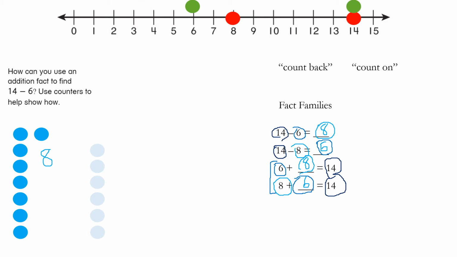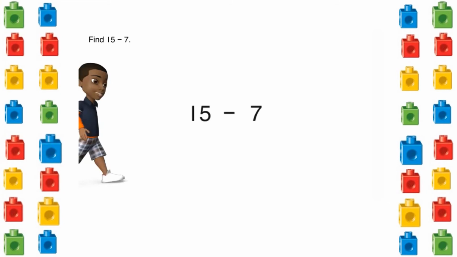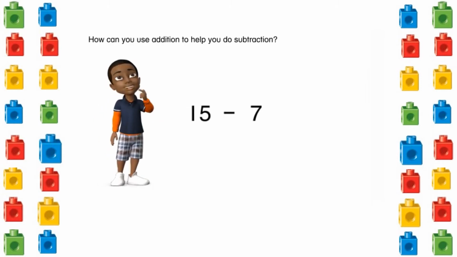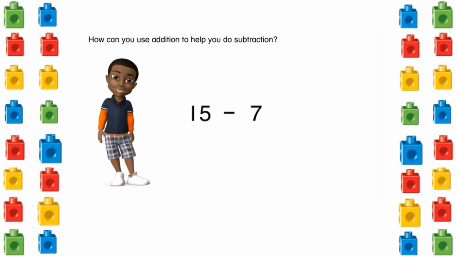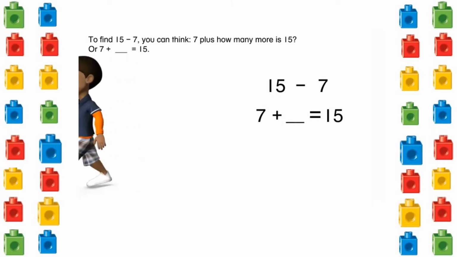Okay, let's move on. Find 15 minus 7. How can you use addition to help you do subtraction? One way to subtract is to think about addition. To find 15 minus 7, you can think 7 plus how many more is 15, or 7 plus blank equals 15.